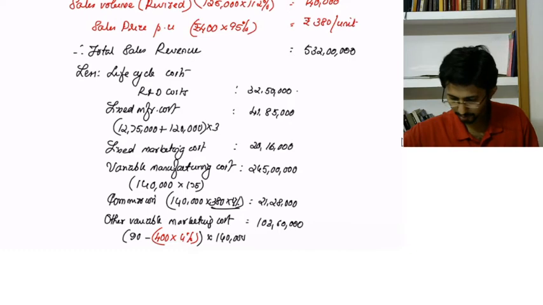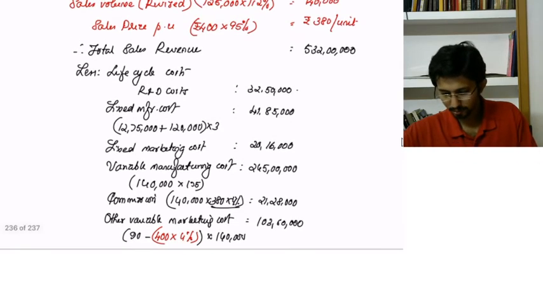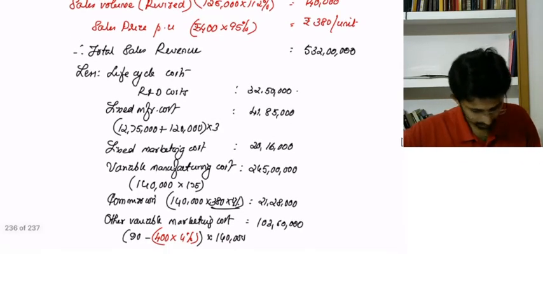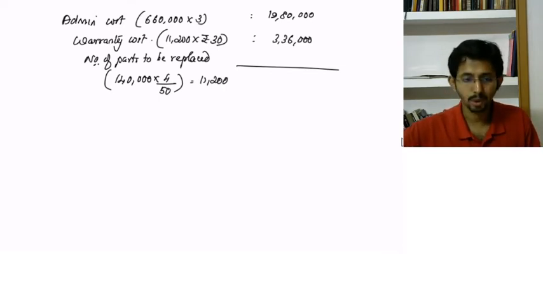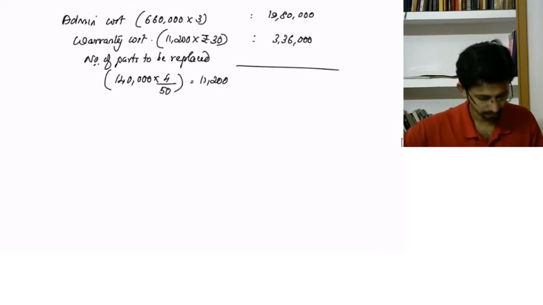Then 103,600 plus 19 lakh 80,000 plus 3 lakh 36,000. Okay, so total will be how much?